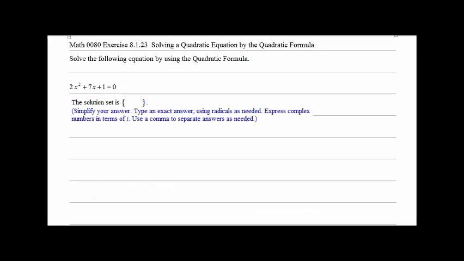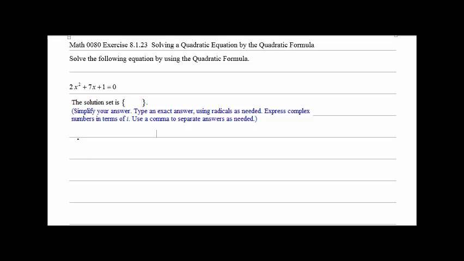exercises. Let's look at using the quadratic formula to solve 2x squared plus 7x plus 1 equal to 0. The first thing I want to keep in mind is I don't want to determine my coefficients a, b, and c until the equation has 0 isolated on one side, and everything on the other side is in simplest form.